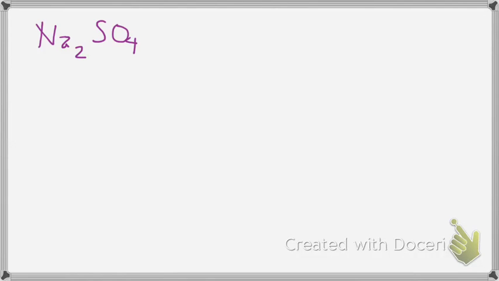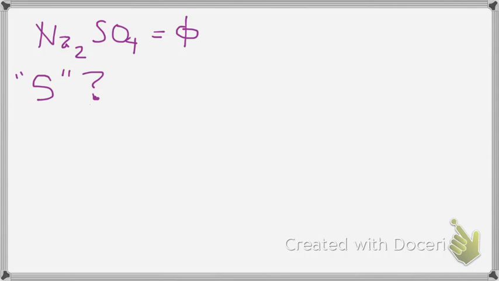Okay? And in particular, let's find the oxidation number for the sulfur. So what is the oxidation number on sulfur? Well, the entire compound is neutral here. So this has to have an oxidation number of 0.